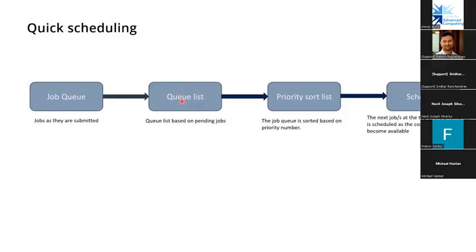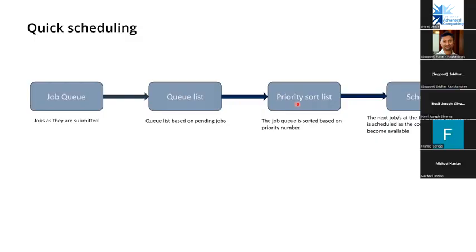It only considers the pending jobs in the whole job queue, and each job is assigned a priority value based on their recent usage, their QoS, how many shares they have on the system, and how long the job has been waiting in the queue. These are some of the factors that define it.